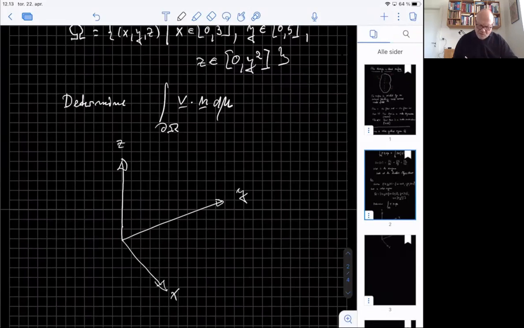You see that x is going between 0 and 3, and y is going between 0 and 5.